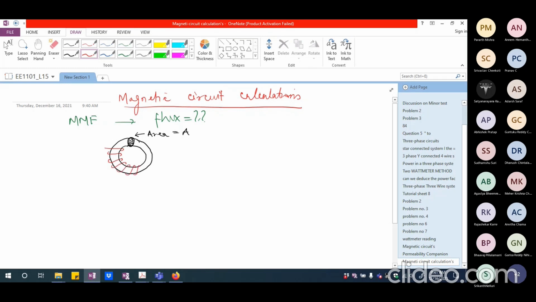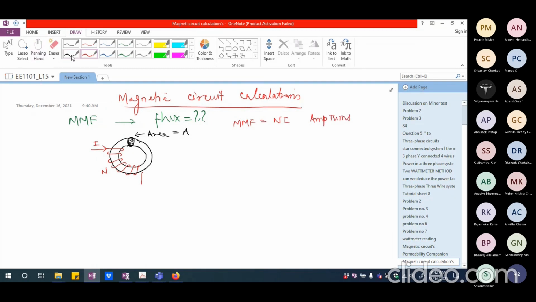I'm going to take it out this way, and this is current I going through this, with N number of turns. So I'm going to say that MMF in this particular case is Ni ampere turns.